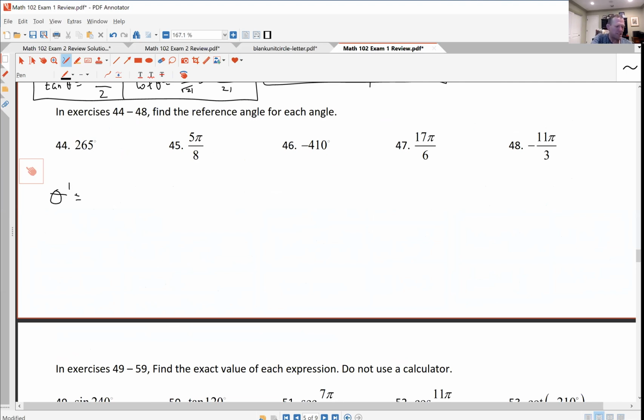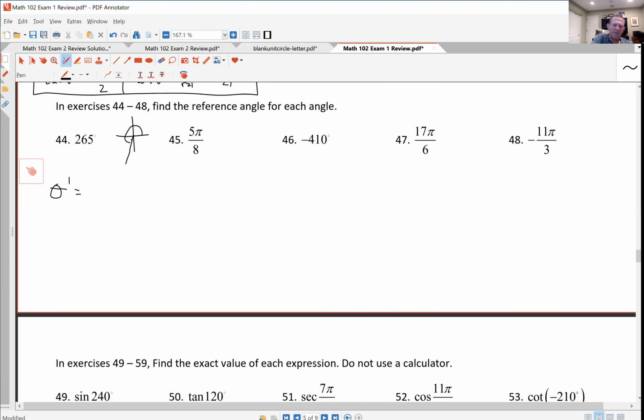So when I'm looking at 265, I'm thinking, well, you went just a little bit shy of 270, like 5 degrees shy of it. My reference angle is always found by forming a right triangle with the x-axis. And so it's just a little bit past 180. I want to know how far past 180 it really is. So I do 265 minus 180. 85 degrees.